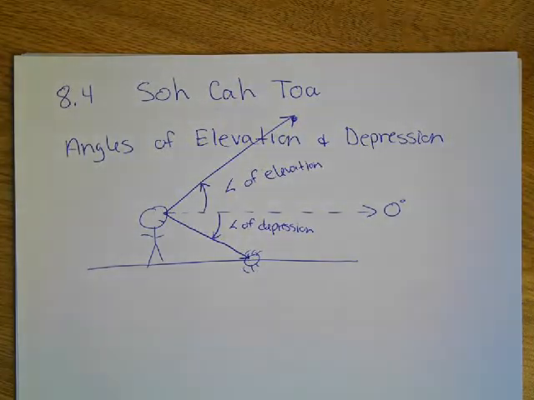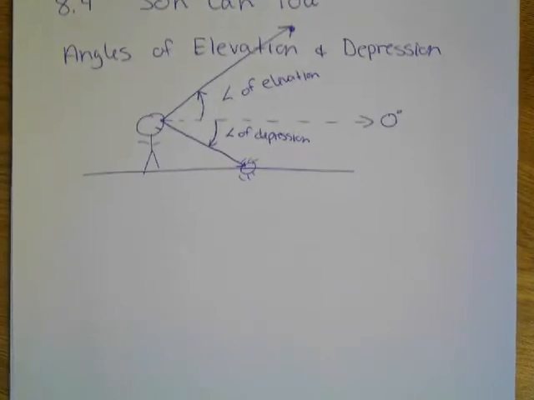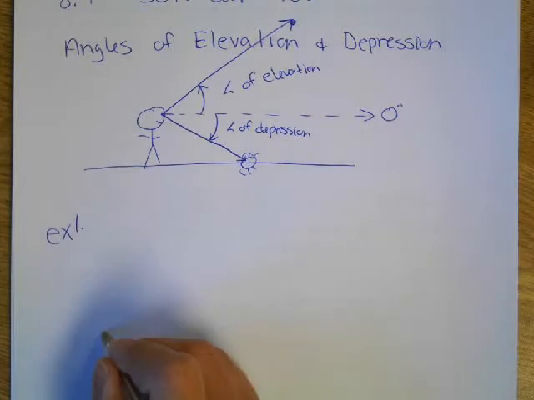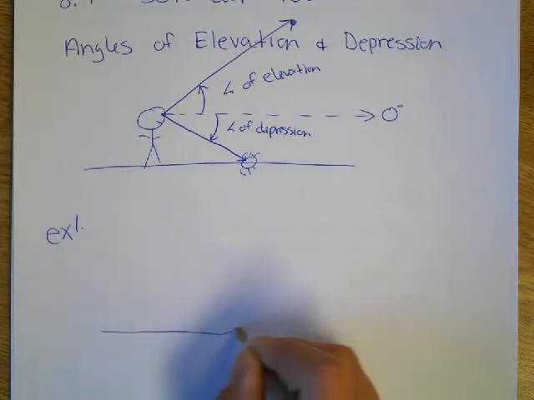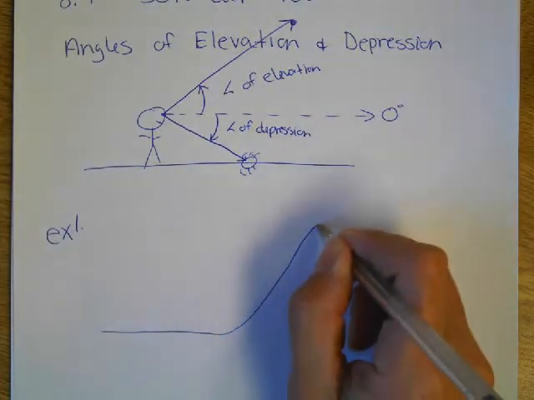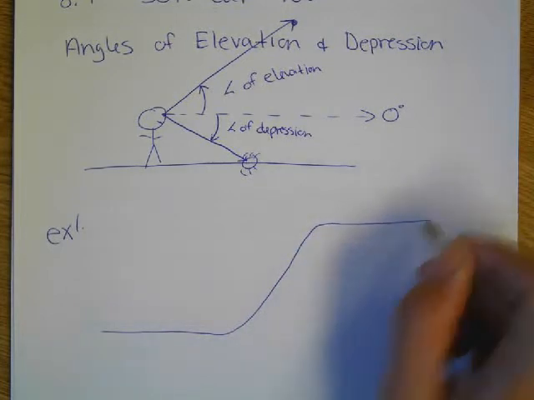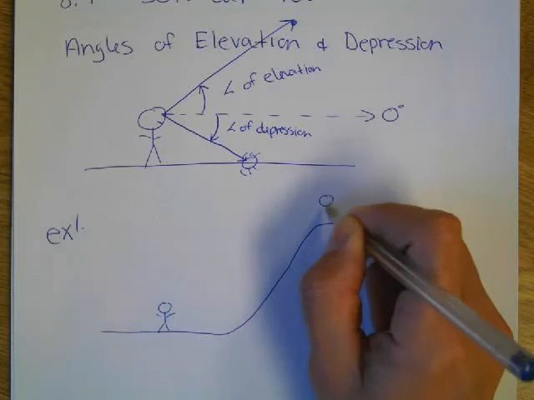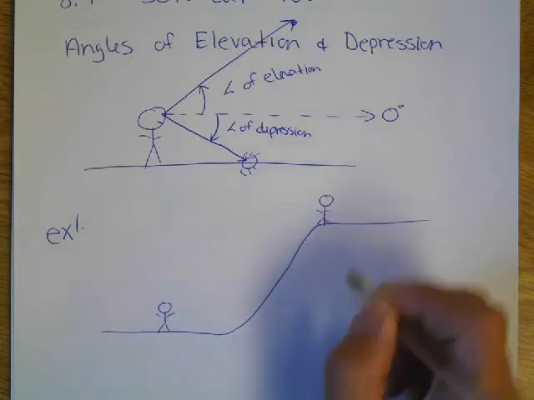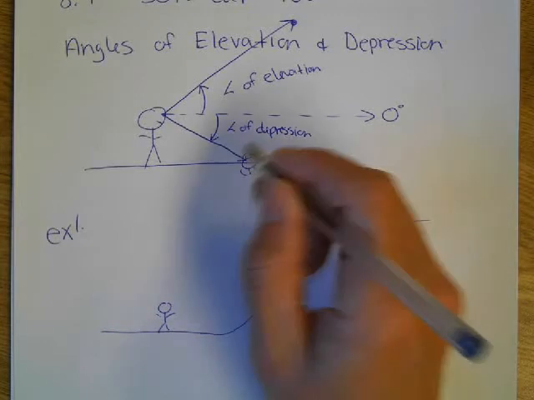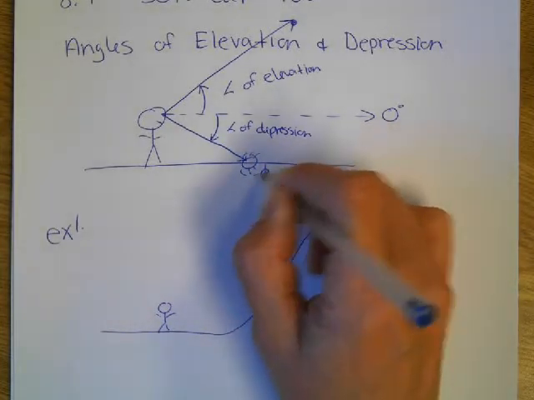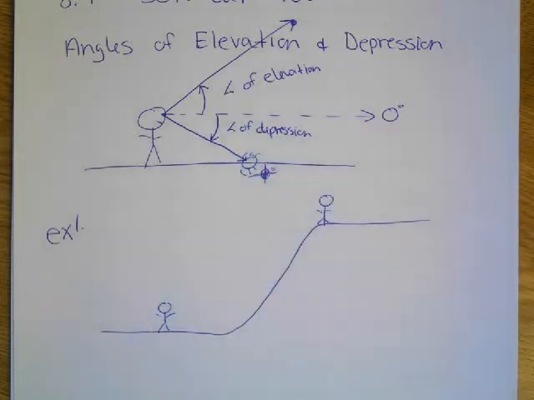So let's let our first example be distinguishing between these two. So here's some level ground, here's a hill, here's the top of the hill, one person down here, one person up here, and something up in the sky here. Plane. Bad plane.